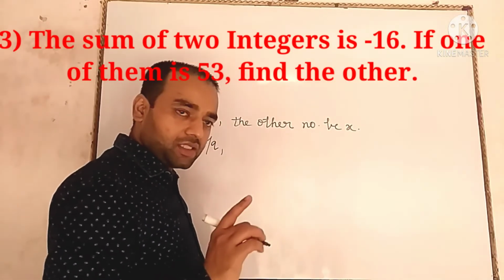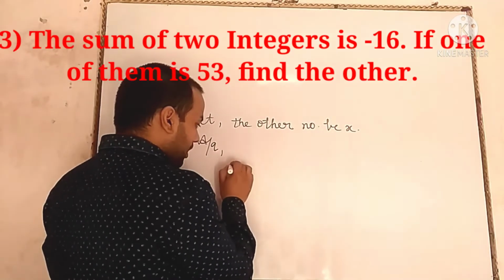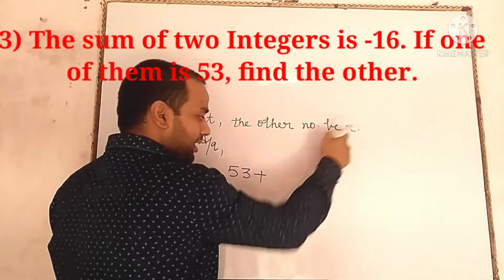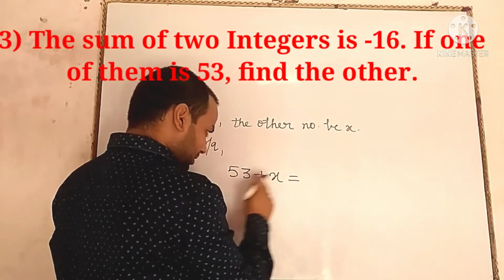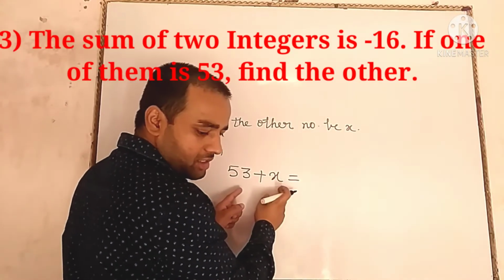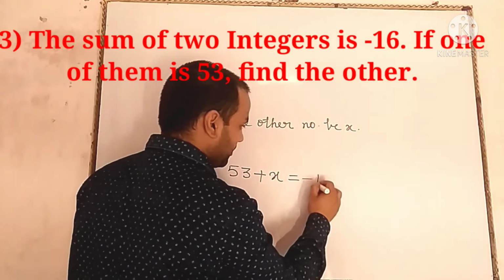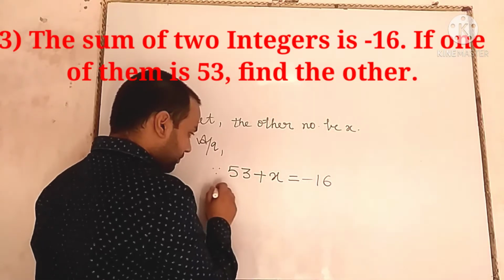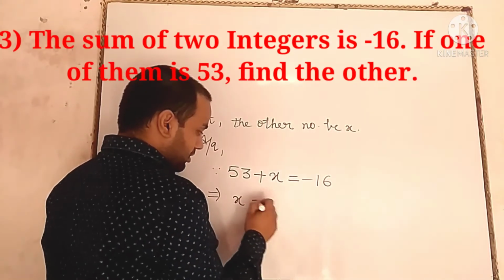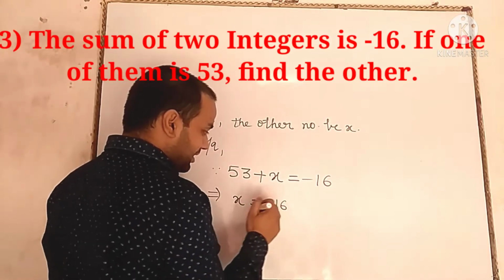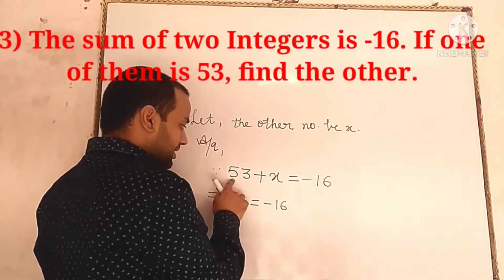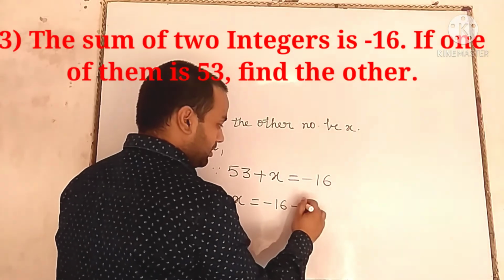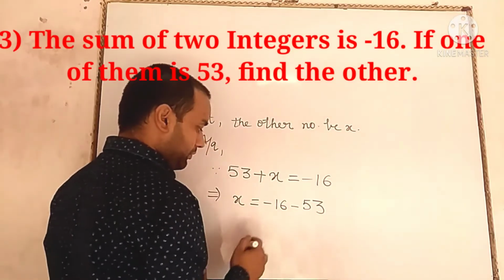If one of them is 53, here the first integer is 53 and the other integer we take as x. Given, the sum of two integers is minus 16. Is it clear? In the next step, x is equal to minus 16, or here in LHS with plus sign, in RHS negative sign. This is called transposition.